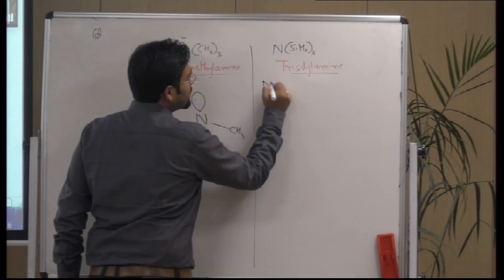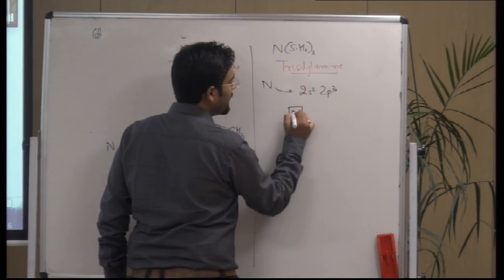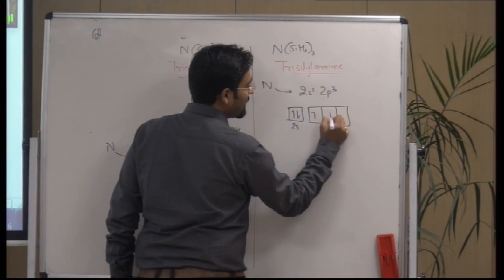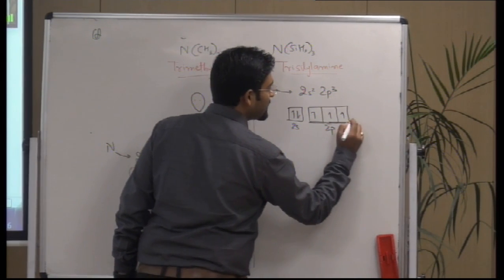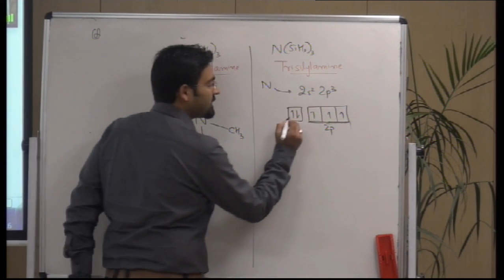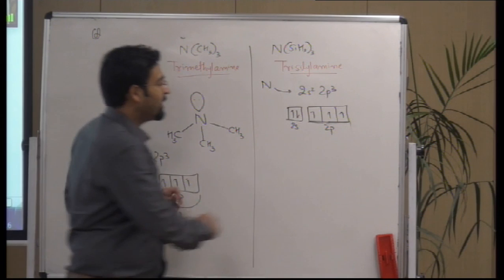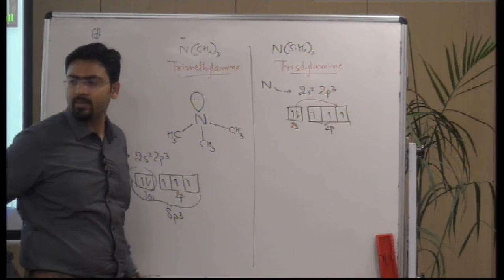The nitrogen has the same electronic configuration, 2s2 2p3. The electron pair is there in 2s, and 3 electrons are available in 2p. This is the normal state, or ground state, of the nitrogen atom, right? Now what happens is that one of the electrons from 2s excites and goes to 2p before hybridization.